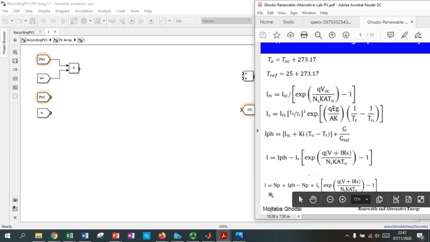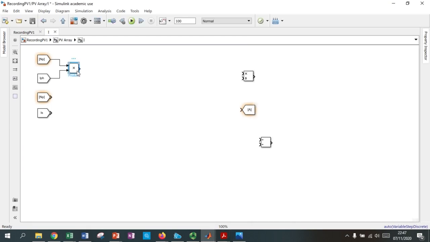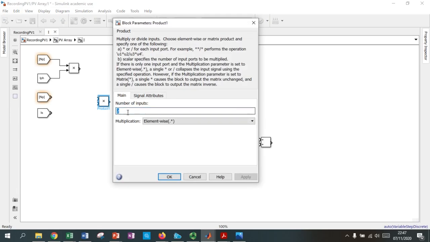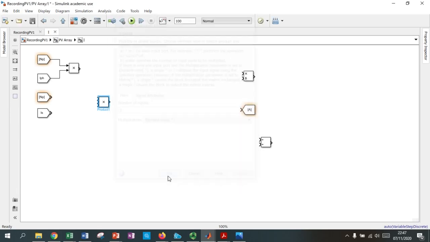Then the next one is NS IS times the expression of this one. Okay. Then we need to multiply them together. There's a 3 input that they will add here. This is the NS. This is the IS, and there's another one.